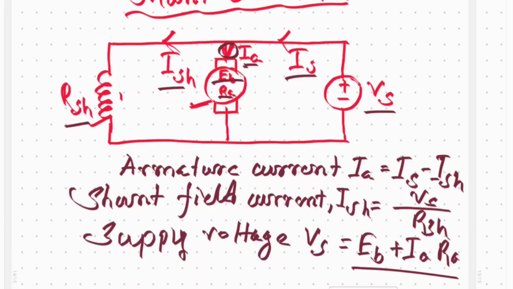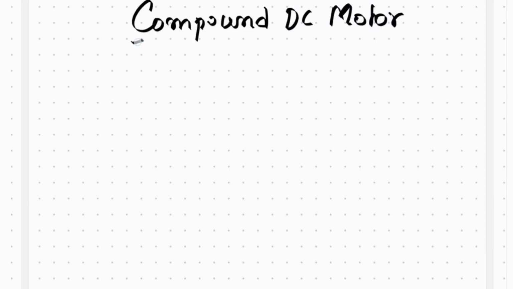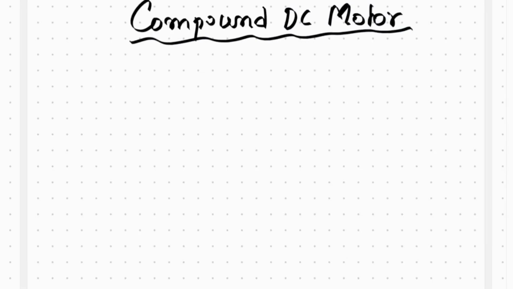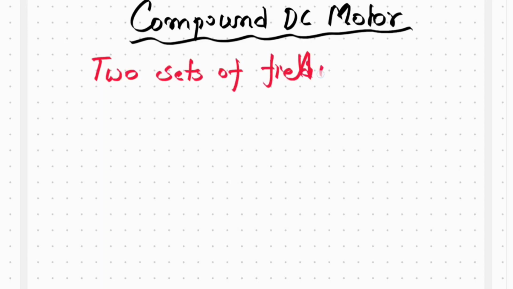Now we'll see the compound DC motor. This compound DC motor is one which has two sets of field winding.